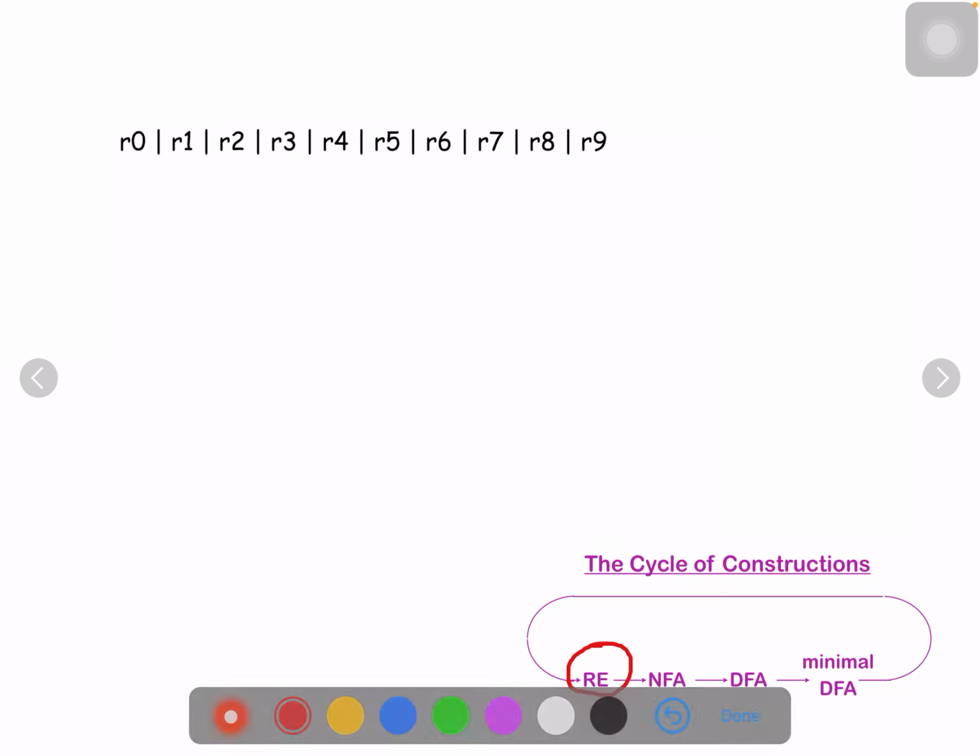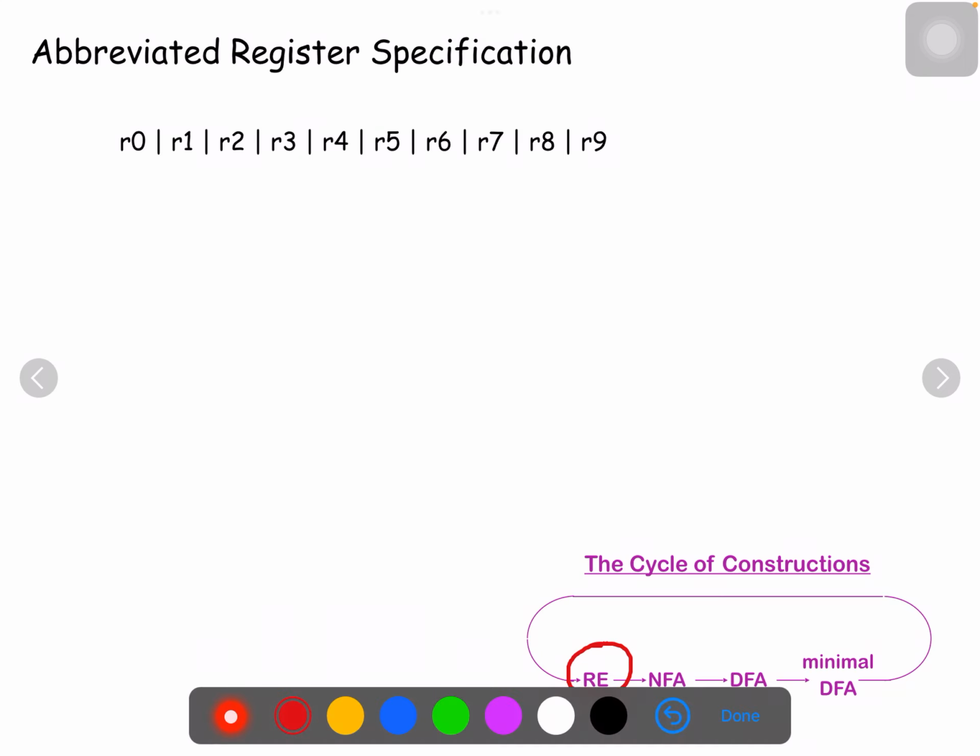Let us see one example here. I take a cycle of construction here. Okay, in this, what input is required here? A regular expression. This is an abbreviated register specification, which you might have seen in any electronics subject: registers from 0 to 7.